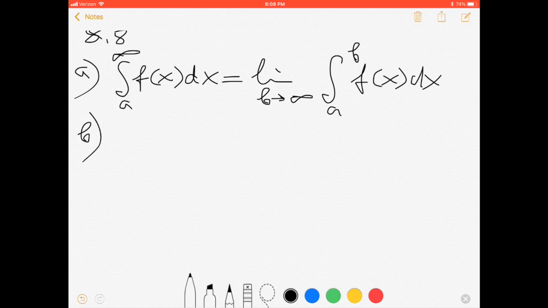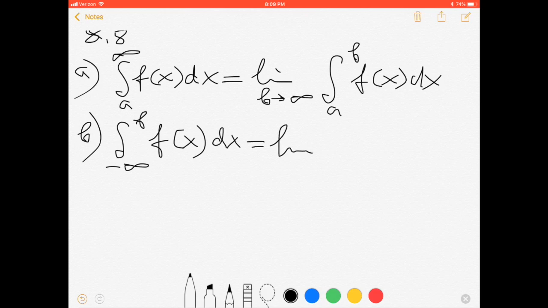B, if you have the integral from negative infinity to b of f(x) dx, it means we have the limit as a approaches negative infinity of the integral from a to b of f(x) dx.